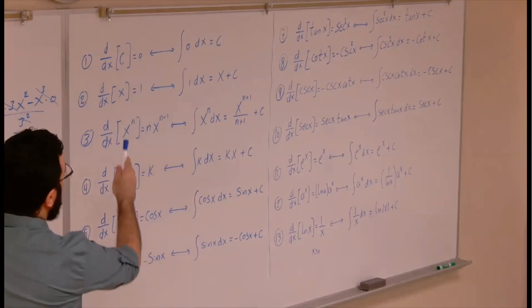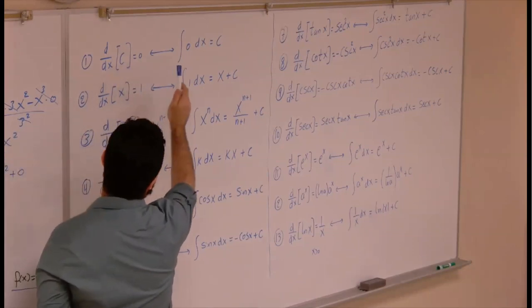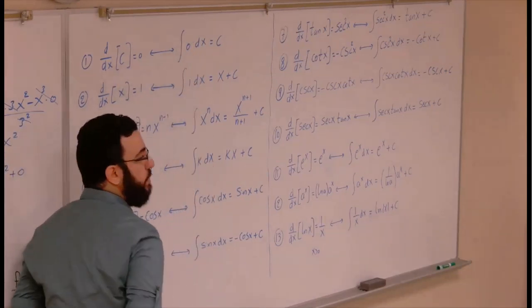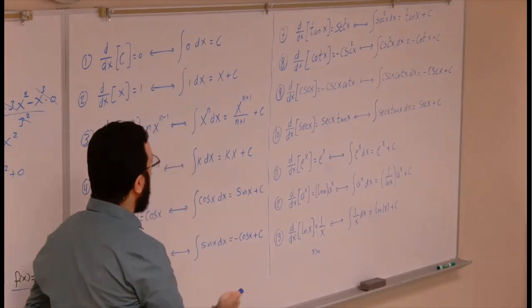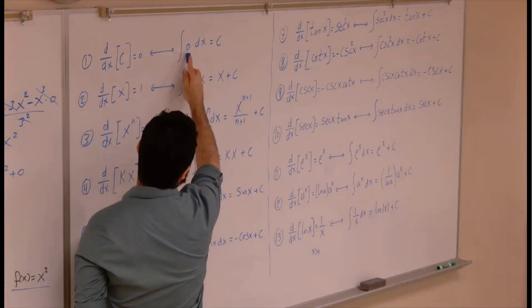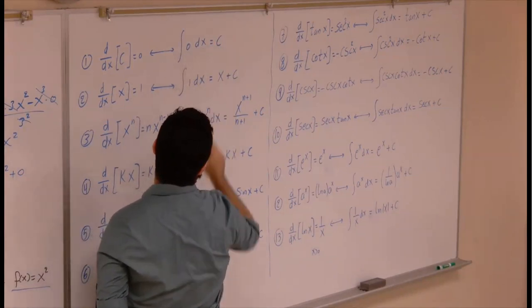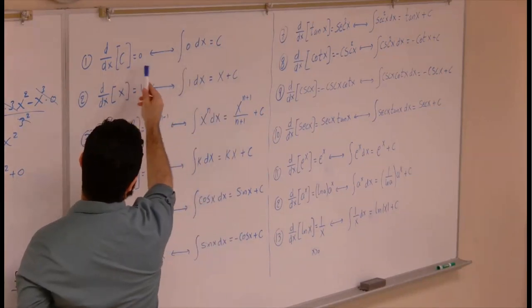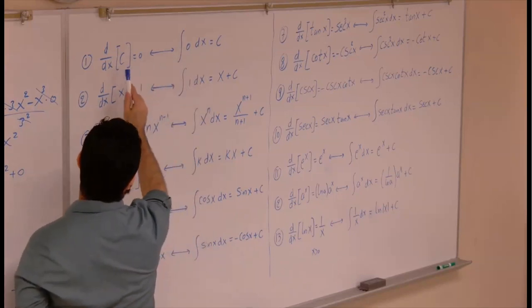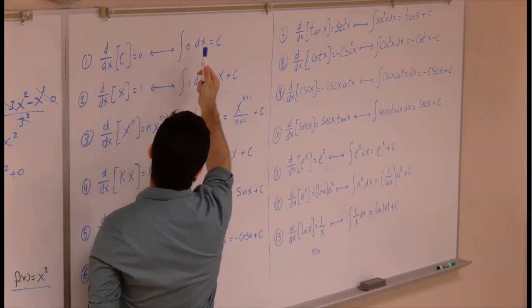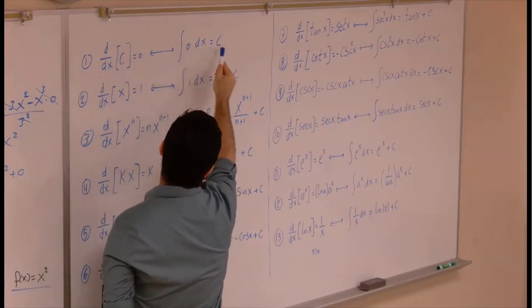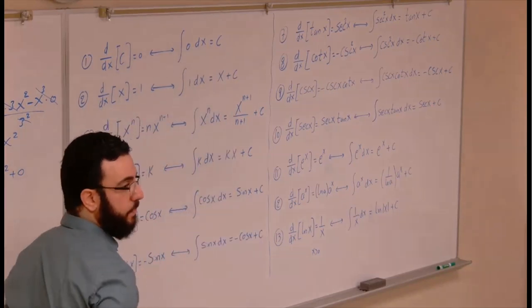That means the integral, which is the antiderivative, and we're not going to say antiderivative anymore, we're going to say integral, the integral of 0 dx is going to be equal to the constant. You see, it's going to go back. The derivative of the constant c is 0, so the integral of 0 goes back to the constant.